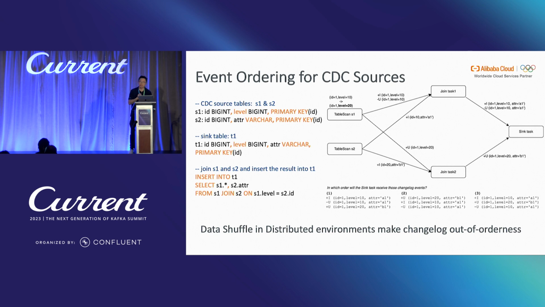So even if composite update events are used, they still have to be split in order to be shuffled, because the join should be shuffled by join key to different tasks for parallel processing.